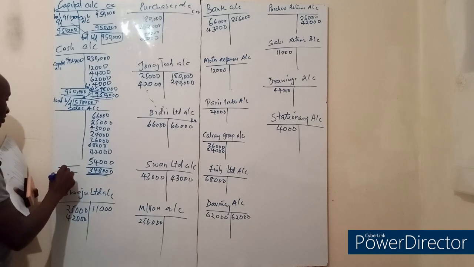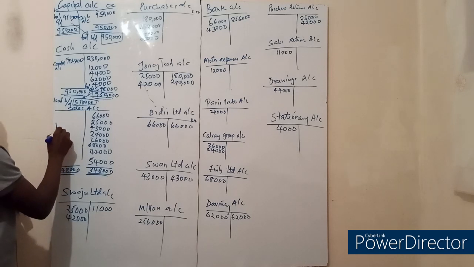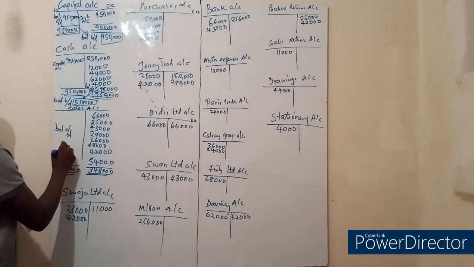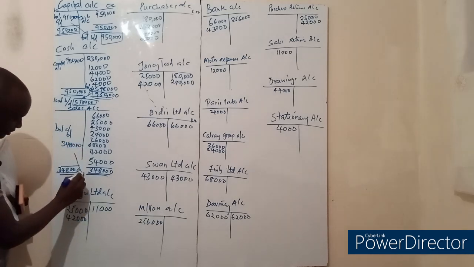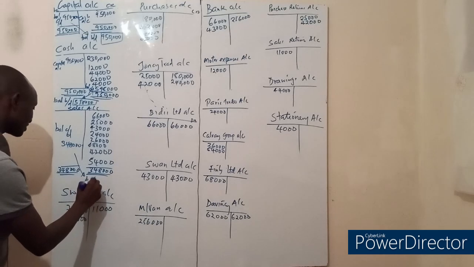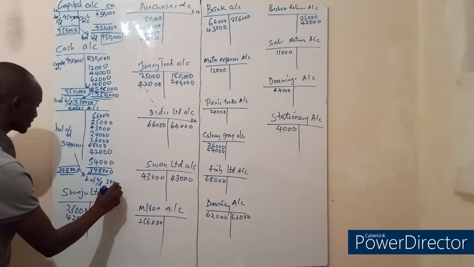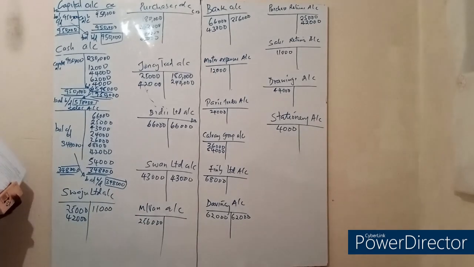This other side must also balance with 348,000 Kenya shillings. So the balance here, which is called the balance carried down, is 348,000 Kenya shillings. Directly opposite, you write the balance brought down of 348,000 shillings. Are you getting the logic?